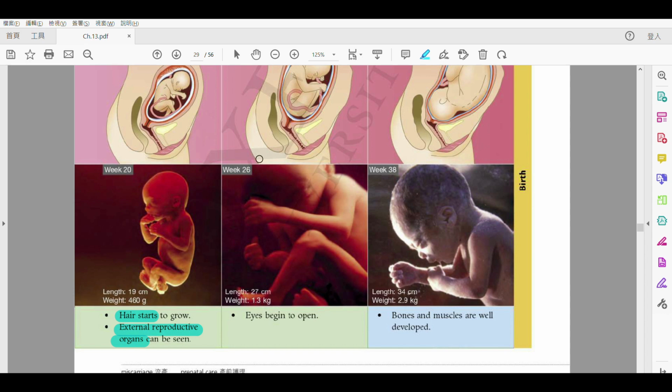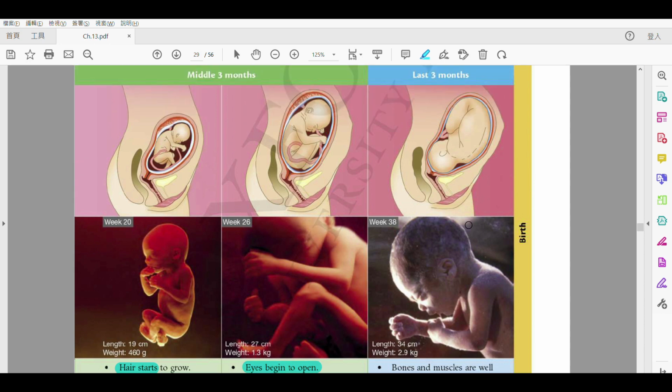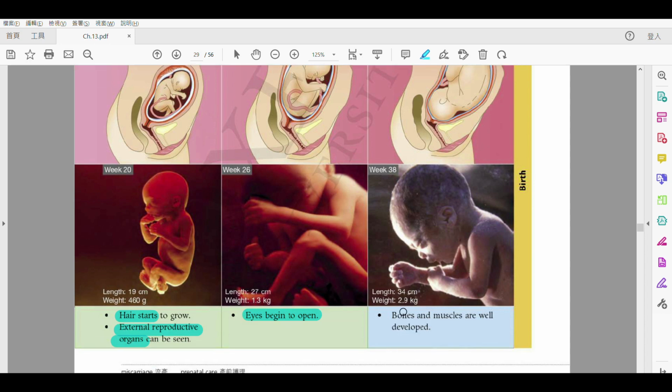Alright? And then at the end of 呢一個嘅 6th month 啦，佢哋隻眼開始會 open 啦。And then before birth, you can see that the bones and the muscles are well developed. Okay, so they're ready.